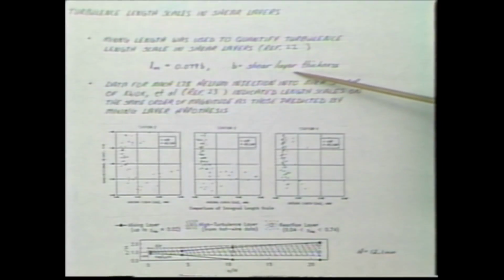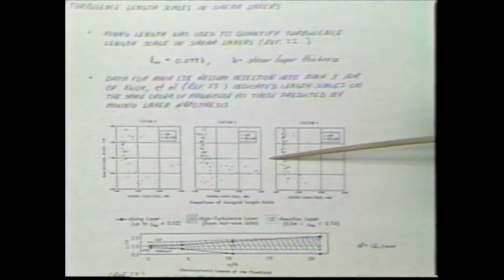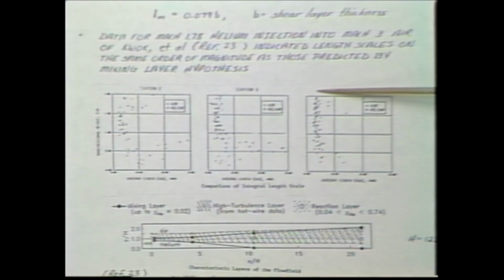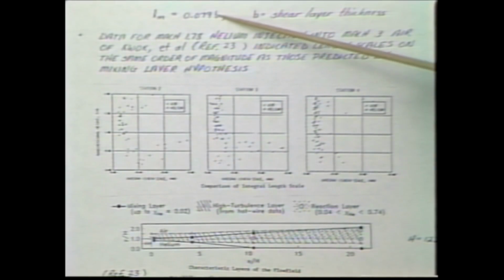Similarly, the dissipation of turbulence is a function of the length scale of the turbulence, how big the turbulent eddies are. Again, I referred to data by Schetz and others at Virginia to establish what those mixing lengths were, and in fact they correlated pretty well to the mixing length hypothesis.